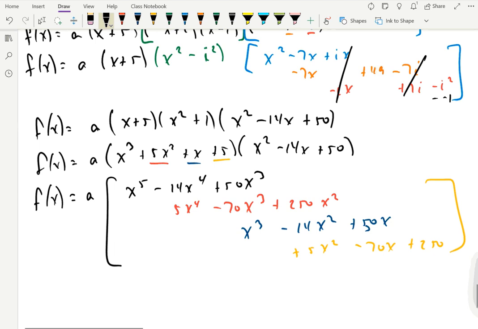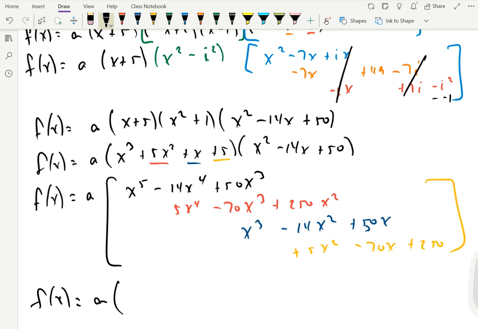Let's combine all these terms together. See if we end up with what we believe it ought to be. When I expand trinomials and things large like trinomials, I like to go ahead and write this a little bit bigger, use a little bit more space. That way everything lines up. So I've got x to the 5th. I've got a minus 9x to the 4th. Let's see, we've got 50 and minus 20 is, minus 70 is minus 20.